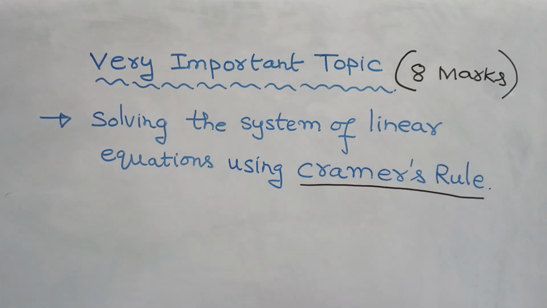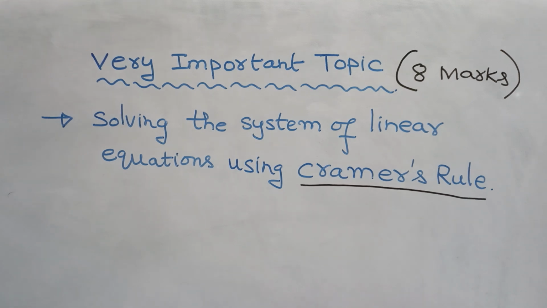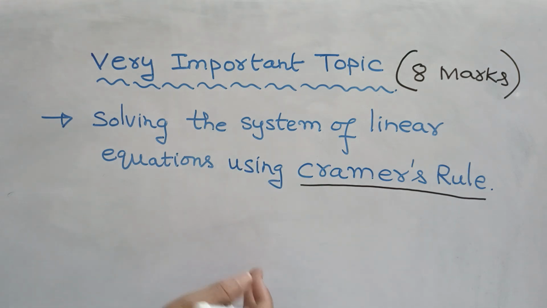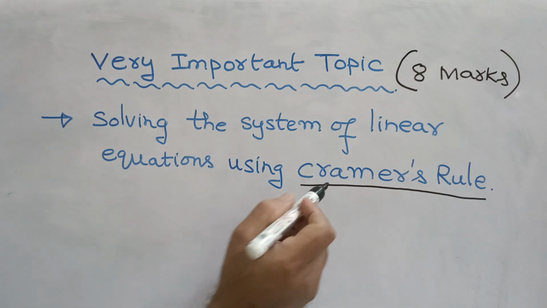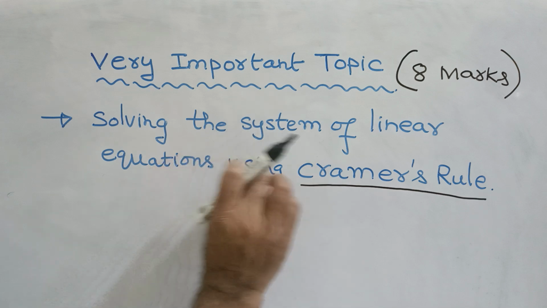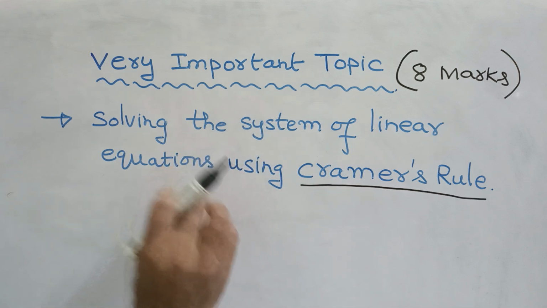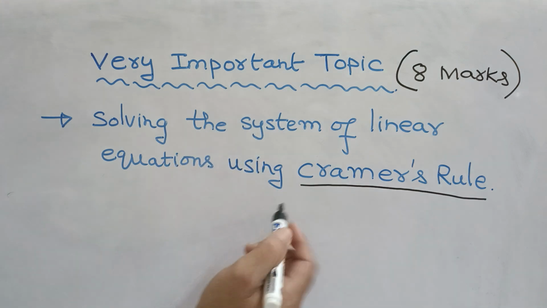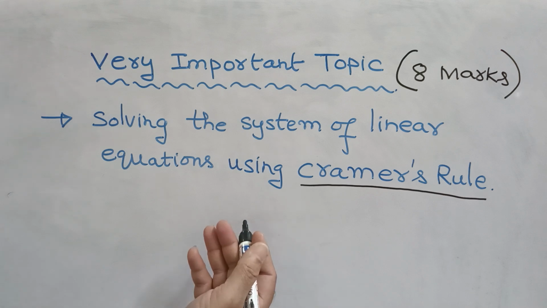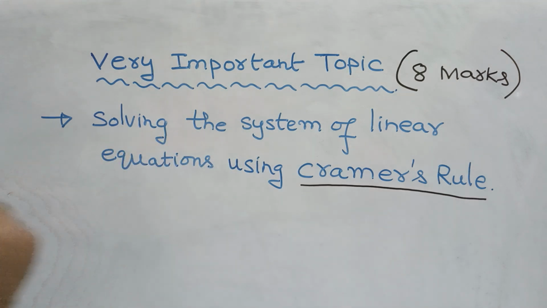I think there is not much theory about this Cramer's rule to understand. In fact, it is a very simple rule that will be applied to the given system of linear equations, and finally by using this rule we will get the answers. So definitely we will get one important question from this topic.